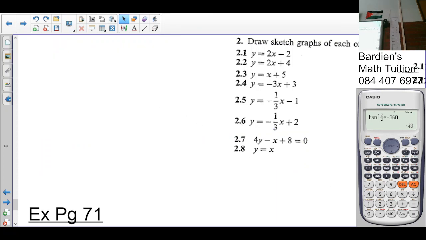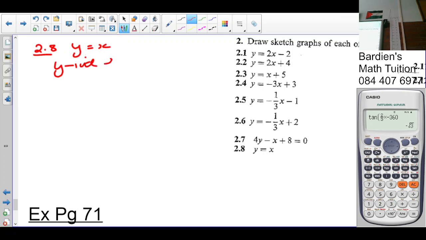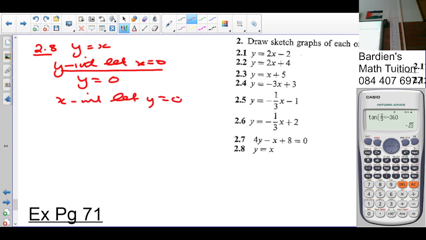2.8. We didn't do that one. Y-intercept. What do you do for y-intercept? We let x equal to 0. So this equation would read y is equal to 0. X-intercept, let y equal to 0, so 0 is equal to x.